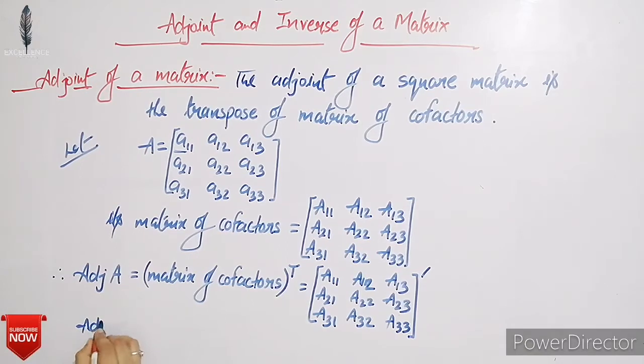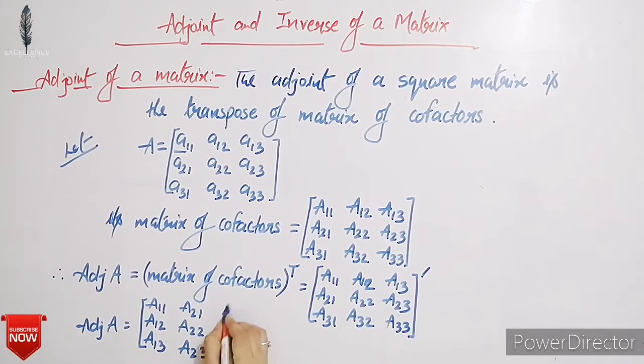So, adjoint A is equal to, transpose means rows are changed into columns. So here the first column is A11, A12, A13, the second is A21, A22, A23 and the third is A31, A32, A33. It is the adjoint of A.